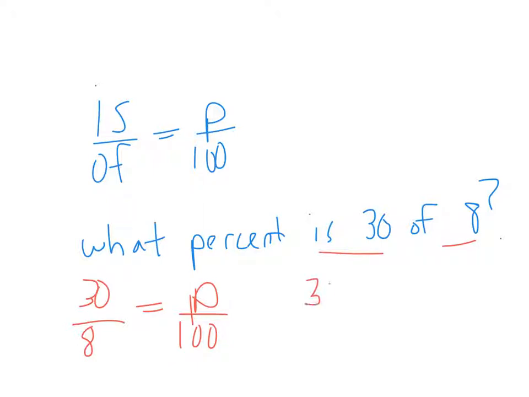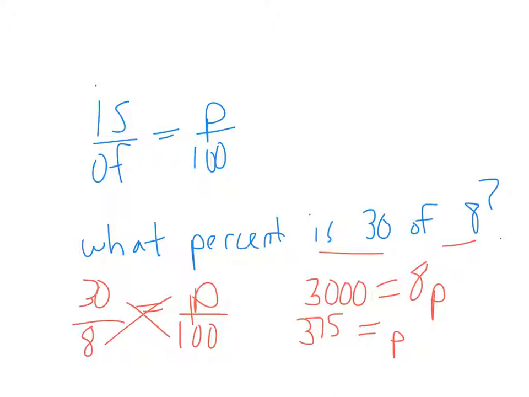It's going to be 3,000 is equal to, when I multiply that times that, 8P. So the answer is going to be 375 for P. And that makes sense because 30 is a whole lot more than the original number you started with, 8. And so 375% is what the 30 is of 8.